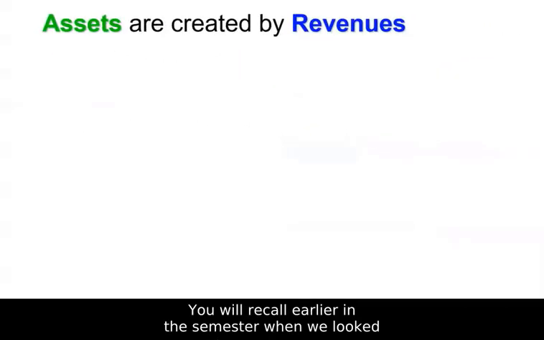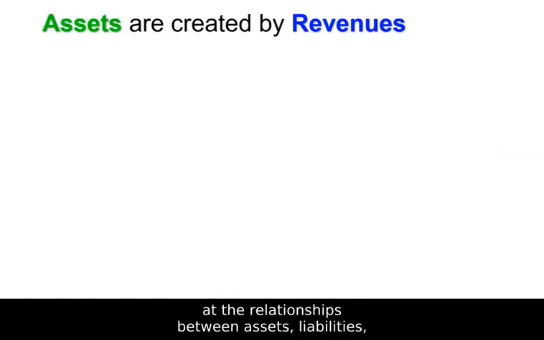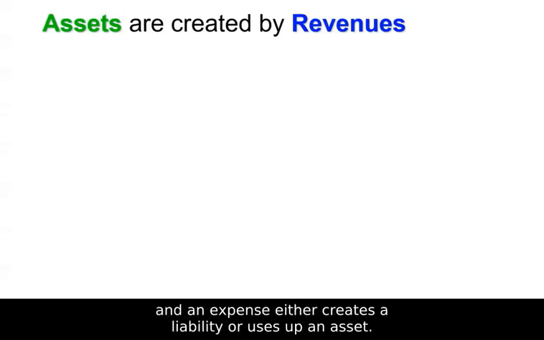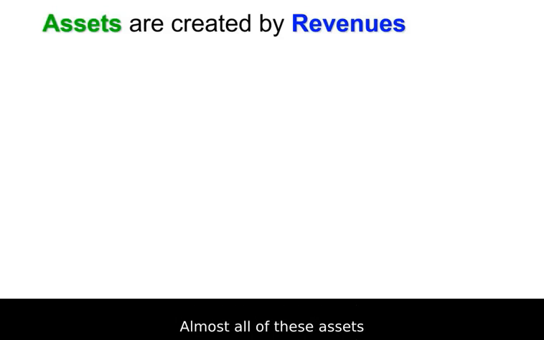You'll recall earlier in the semester when we looked at the relationships between assets, liabilities, revenues, and expenses. You learned that most often a revenue creates an asset and an expense either creates a liability or uses up an asset. Almost all of these assets and liabilities are going to be current.